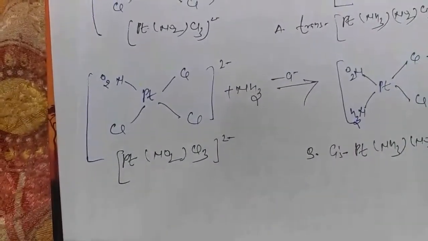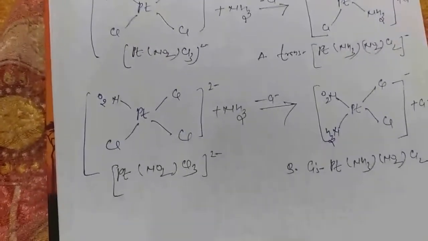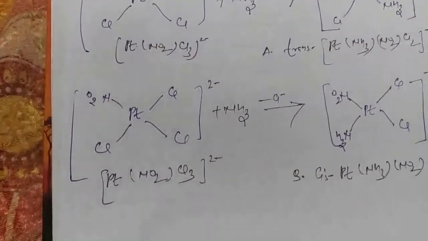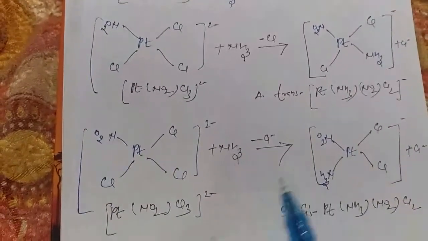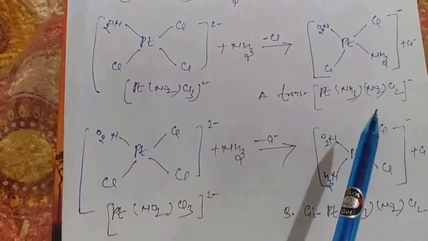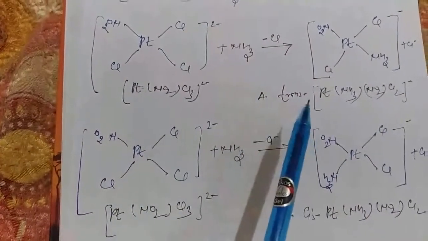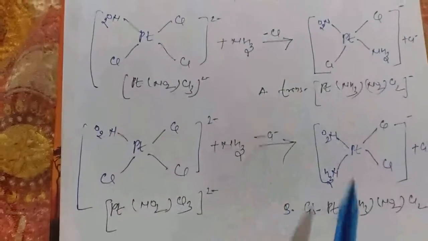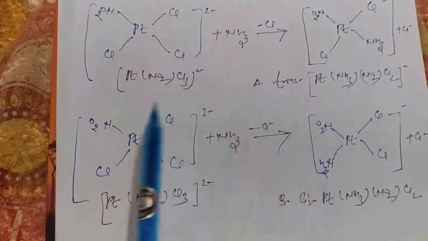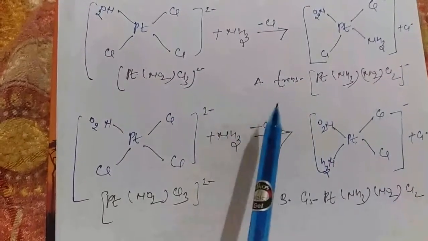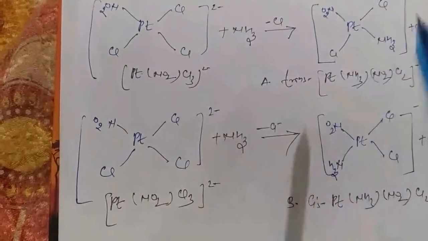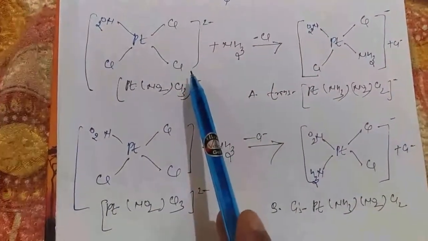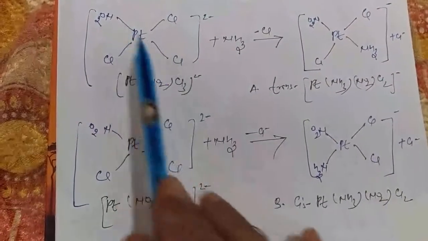Now let's see what things are actually going on here. In the first case, the experiment shows that the trans isomer is formed in case of A. We have two possibilities to form a product, but the experiment shows that the trans isomer is formed by the replacement of the chloride ion which is lying trans to NO2.